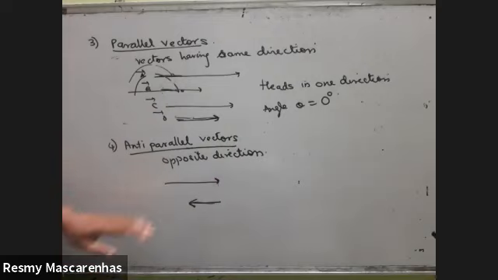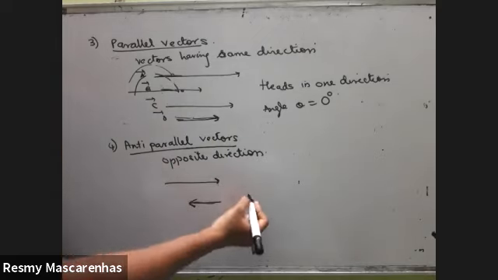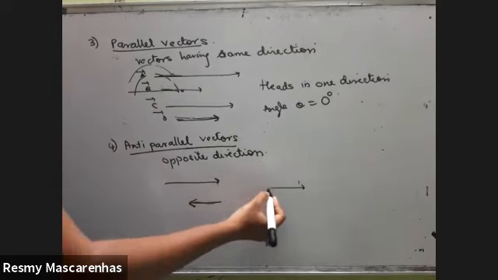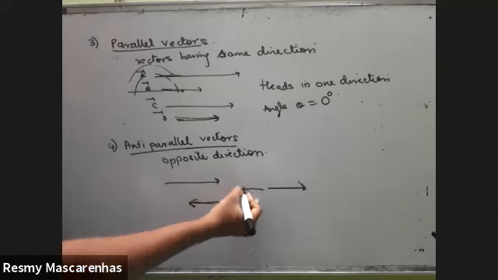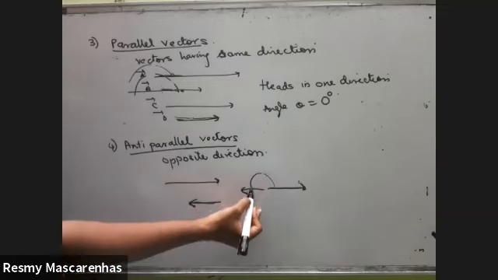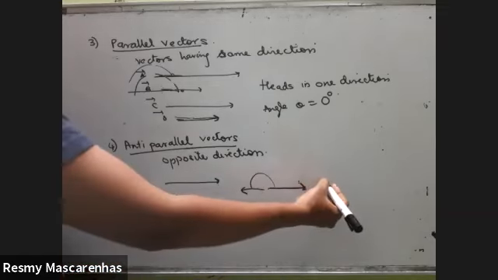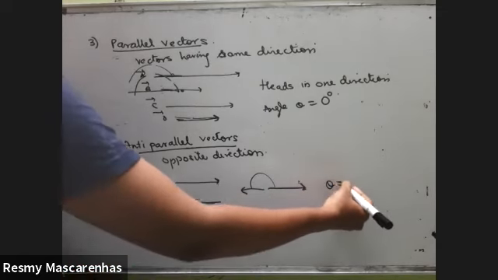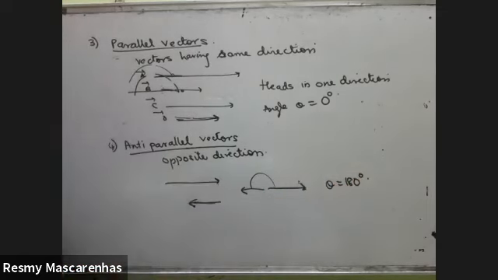Try to bring them together and see, suppose we had joined them, like this one is going this side and this one is going this side. So what is the angle between them? Always 0. Sorry, always 180 degrees. Remember, angle for anti-parallel vectors is always 180 degrees because they are going in the opposite direction. Opposite arrows will always have 180 degrees between them.